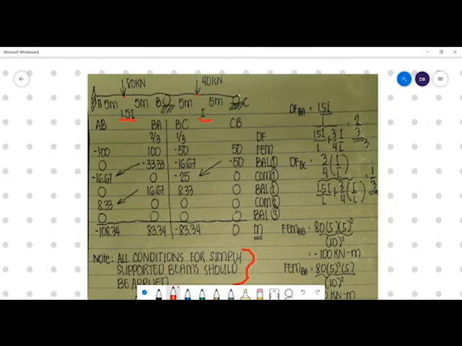Of course, C is also allowed to rotate, but B is somewhat different.